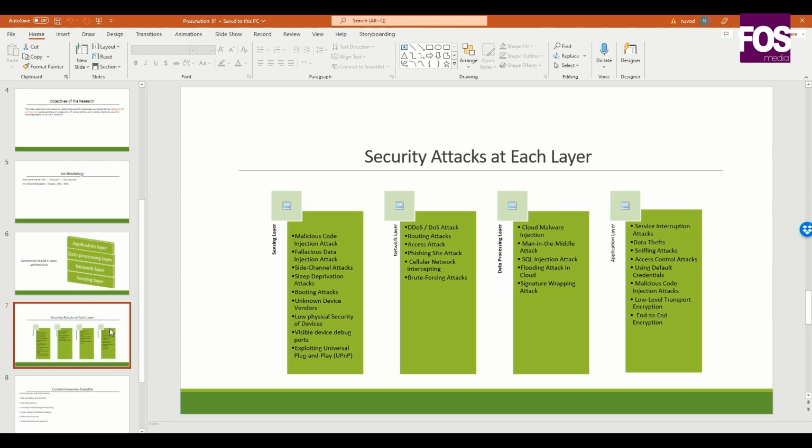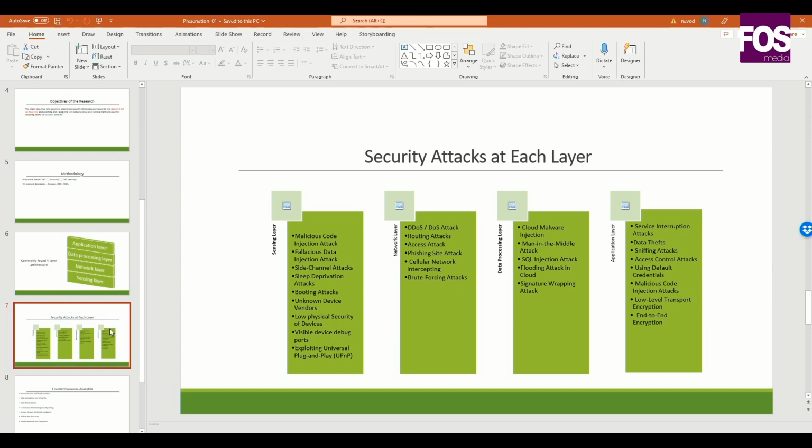The data processing layer is much similar to the network layer, but mostly the attackers will try to compromise the data storage devices, maybe cloud storage. On the other side, at the application layer, they will come through the front end of a particular smart solution.